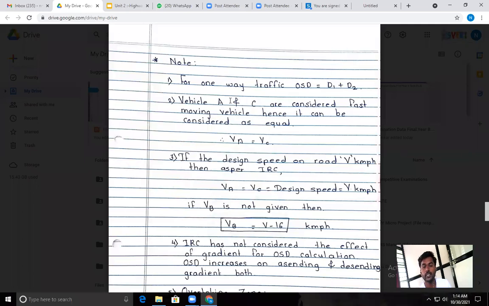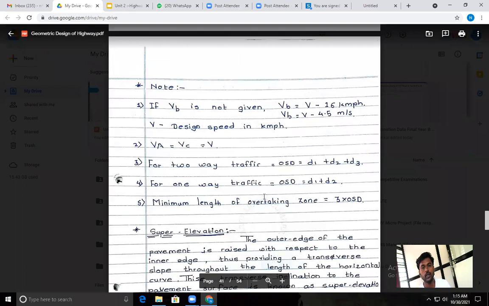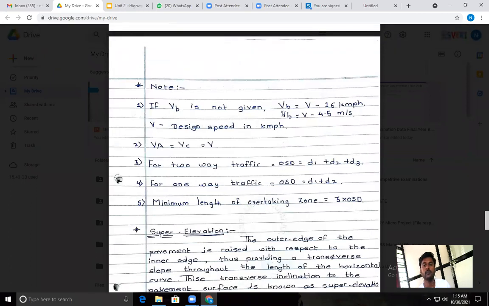And below that write down, VB is equal to VA minus 4.5 when VA is in meter per second.